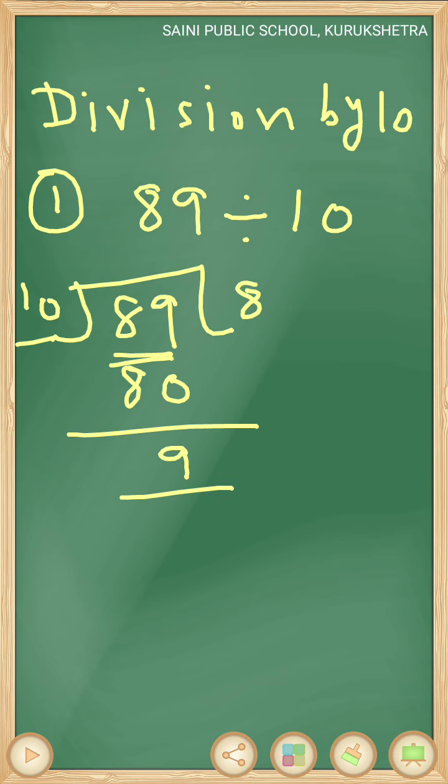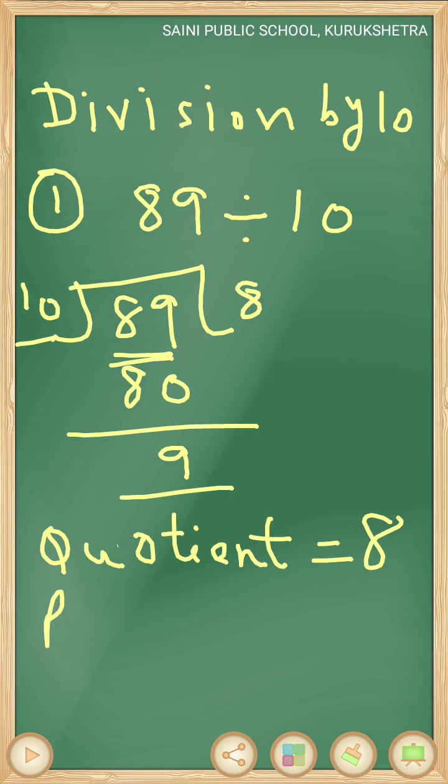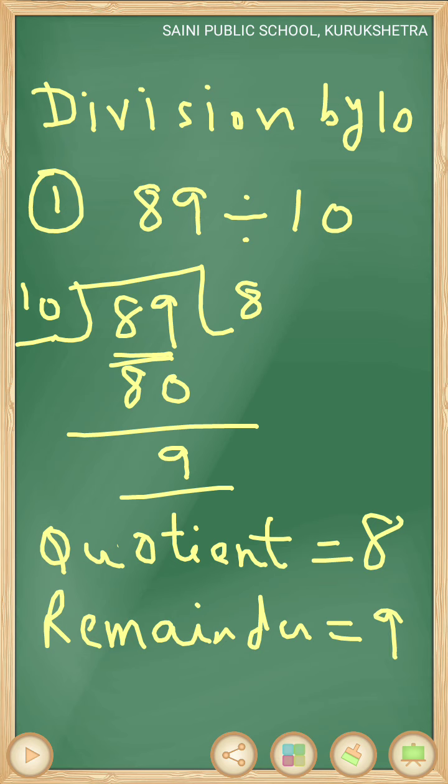Now you can see here, the quotient is 8 and the remainder is 9. You can see in 89 there are two digits.